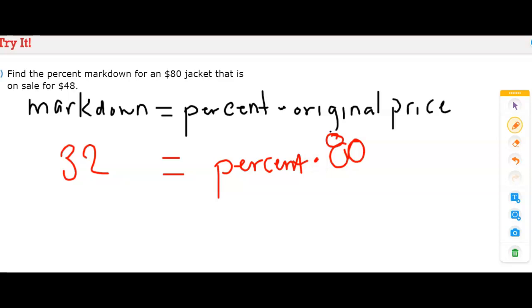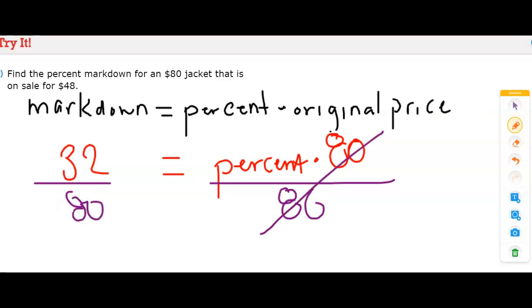So then we now have to divide on both sides by $80, and that gives us the percent by itself here. And then 32 divided by 80 is equal to 0.4, or 4/10.